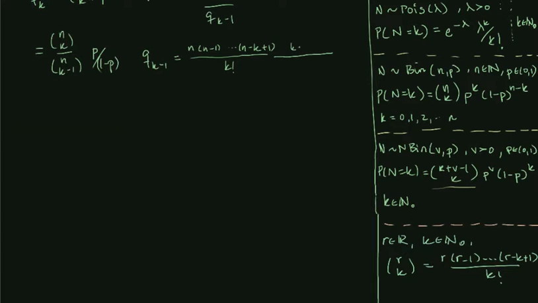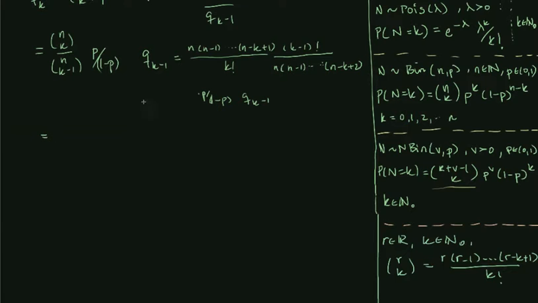So I have k minus 1 factorial here, and almost exactly the same down here, except that now I have k minus 1 terms, which means that I only multiply all the way down to n minus k plus 2. Okay, and then I have p divided by 1 minus p multiplied by qk minus 1.